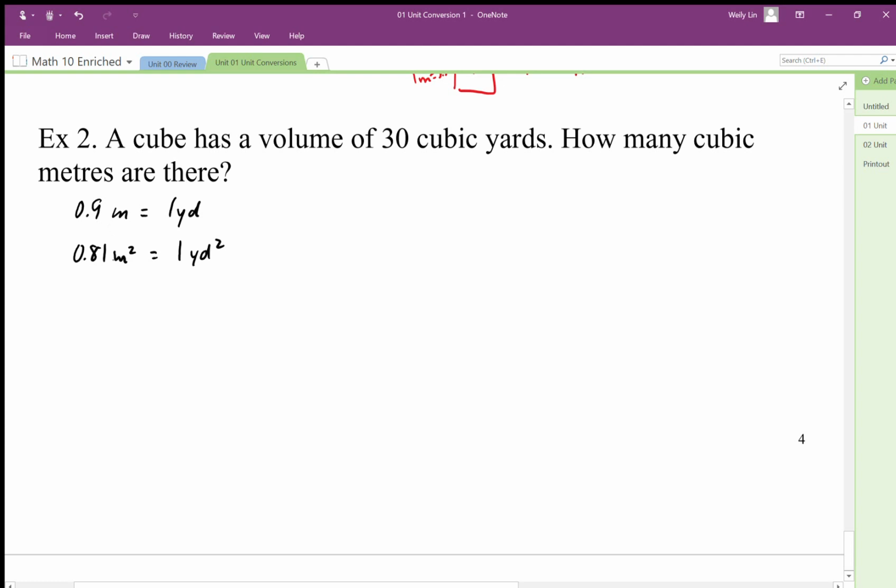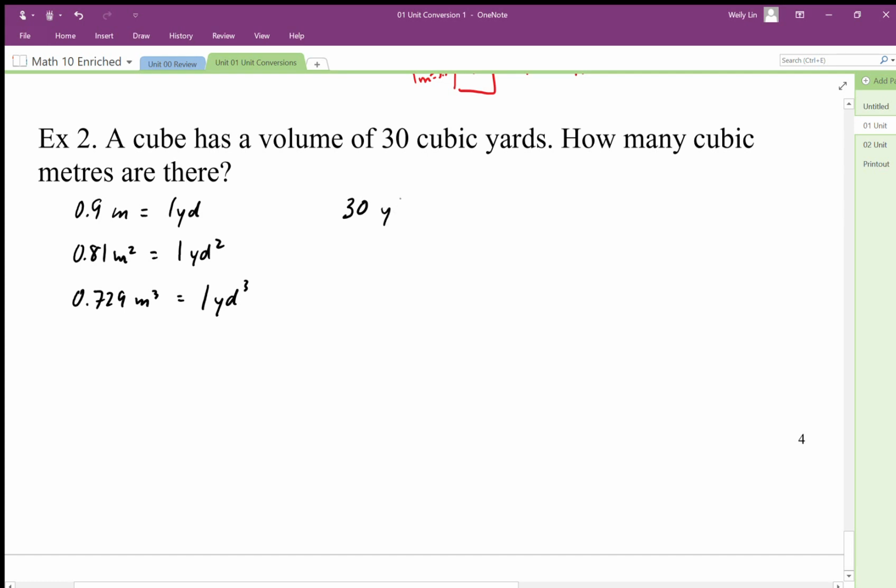And if I multiply that by 0.9 for the third dimension, I would end up with 0.729 meters cubed for 1 yard cubed. Okay, so I'm just increasing the dimensions. This is 1 dimension, squared is 2 dimensions, cubed is 3 dimensions.